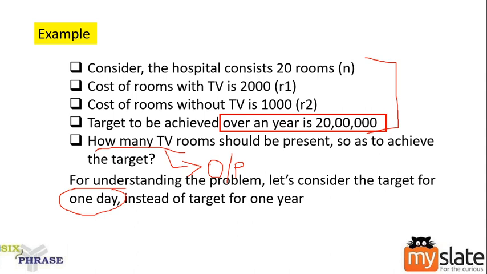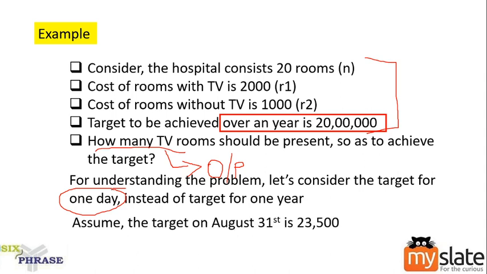Assume that the day is August 31st. Assume the target to be achieved on August 31st is 23,500. Clear? Instead of a year, we are going to work with one day only. Which day?